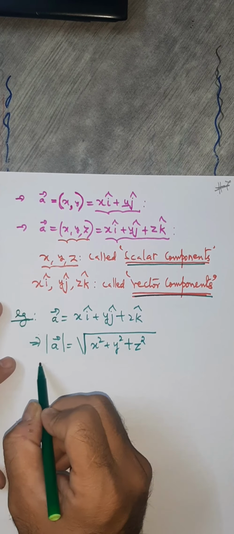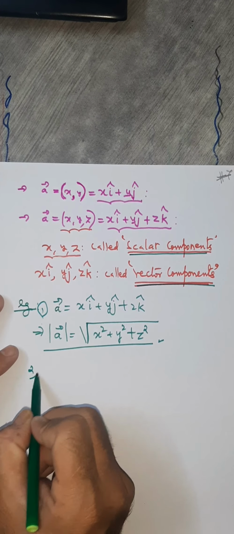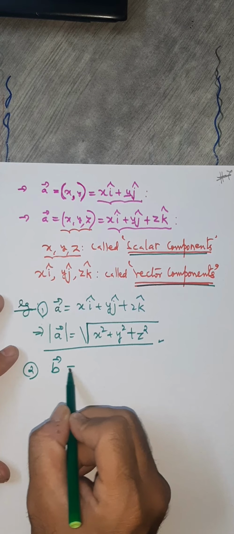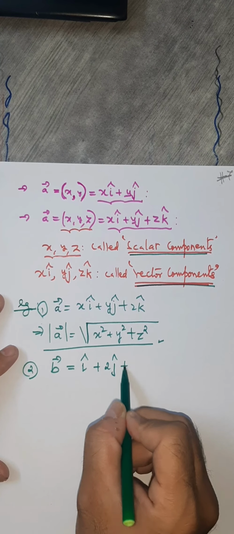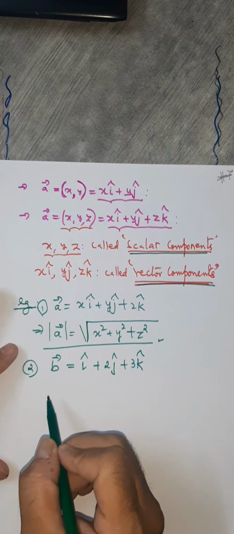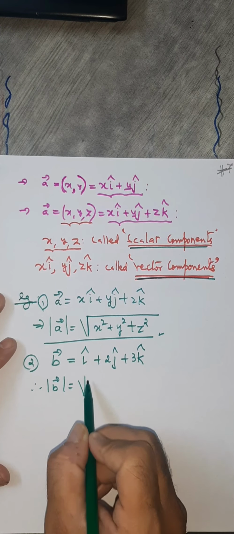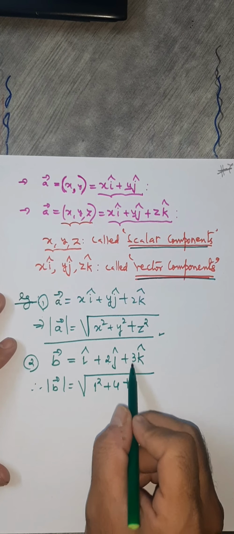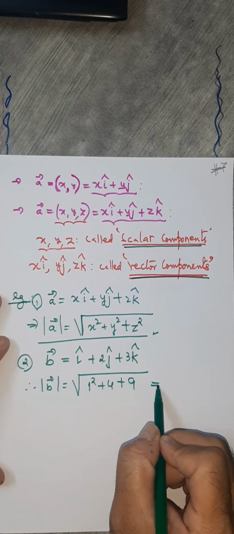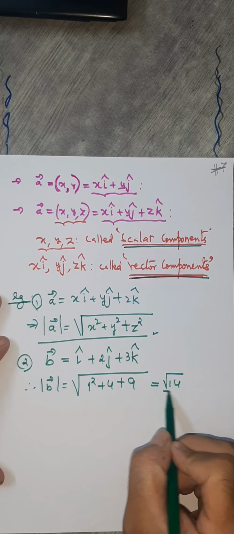This is the length of a vector, right? If I have one more vector, vector b equal to, suppose, i cap plus 2j cap plus 3k cap, then what's the length of this vector b? It will be root of 1 square plus 2 square plus 3 square, which is 9. So this is nothing but root 14. You can keep it in this form only.